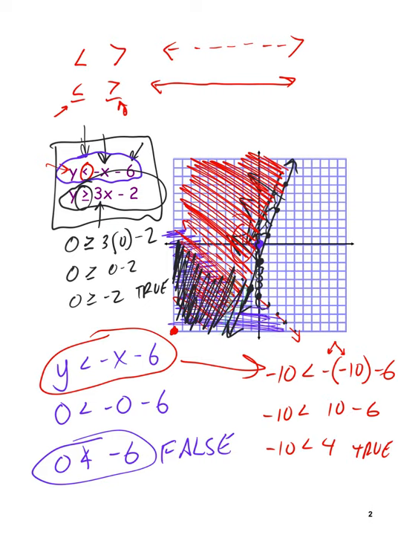Okay, so this would be solving the system, which is under the red line, not including the red line because that's dashed, and then to the left of the black line, but including the black line because that's solid. So what we're seeing here is the points that would be an answer to both of these.